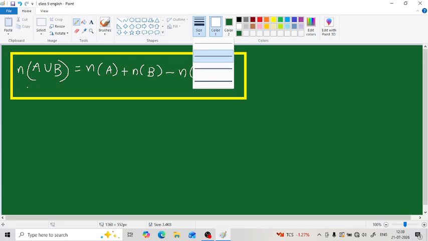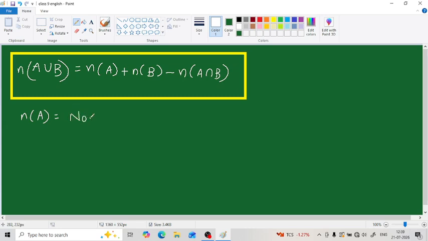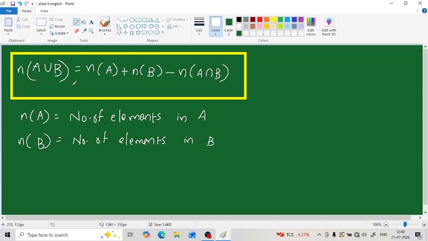So here N of A means number of elements in set A. Similarly, N of B means number of elements in set B. Similarly, N of A intersection B means number of elements in both A and B, otherwise number of elements in A intersection B.